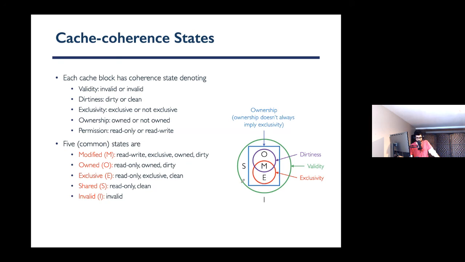Okay, so this is basically just describing different states and what they mean. Now, not all cache coherence protocols use all of these states. They usually use a subset of these states to implement those two invariants.